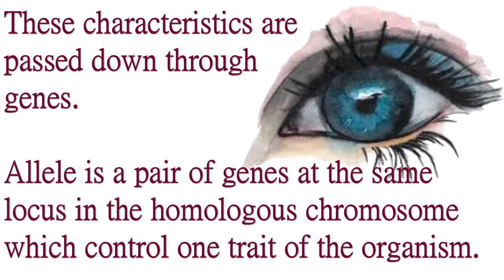Allele is a pair of genes at the same locus or position in the homologous chromosome which control one trait of the organism. Trait is the specific characteristic that differentiates individuals, for example, the color of the iris, whether black, brown, or blue in color.